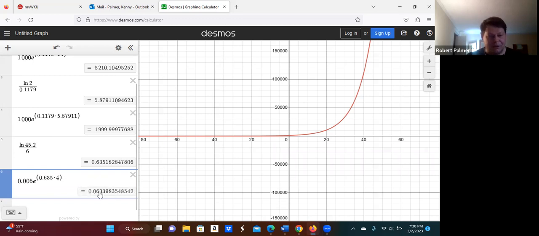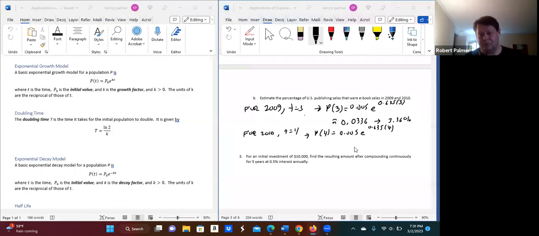Let's do 4 decimal places again, 0.0634. And as a percent that's approximately 6.34%. As you see, pretty rapid growth.